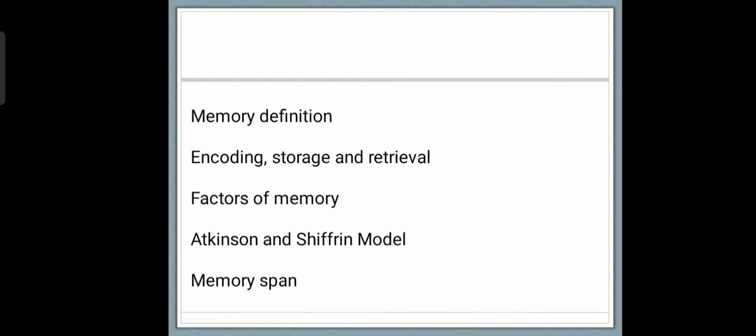Then storage, the information that is encoded generally goes to the storage system. We have sensory, short-term memory and long-term memory. Then about the factors of memory, what we'll write, that is, we all know information gathering, then storage, then retrieval and recognition. I guess you people have done theory on memory.